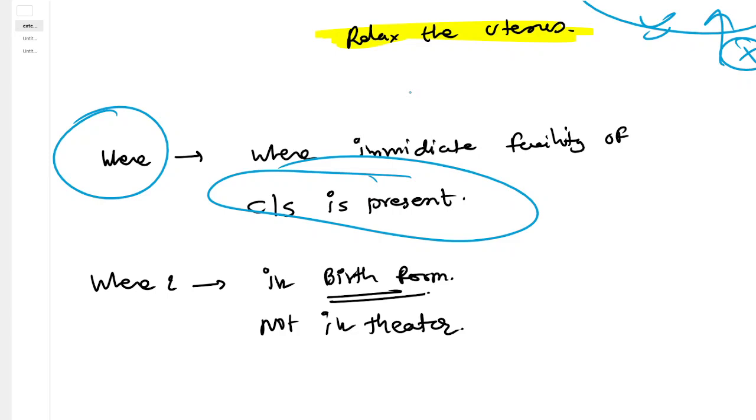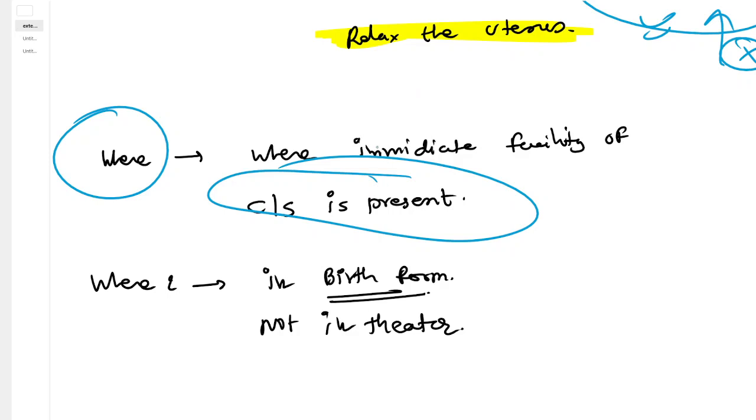So yes, the facilities should be available, but it is very less likely that with the ECV the baby will be very compromised, so that you have to do a very emergency cesarean section. It's not going to happen, it's very rare, but anyway, you must have those facilities where you try to do the ECV.